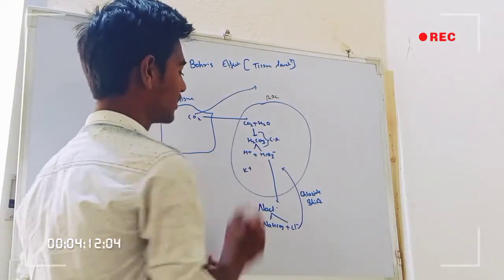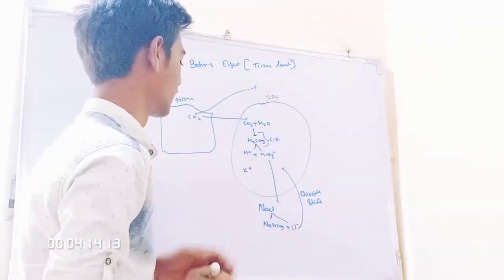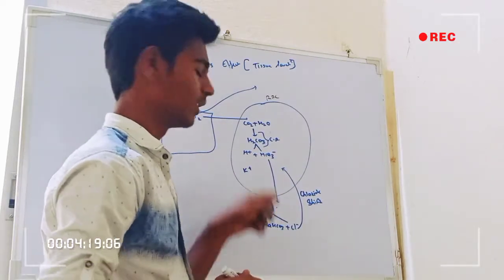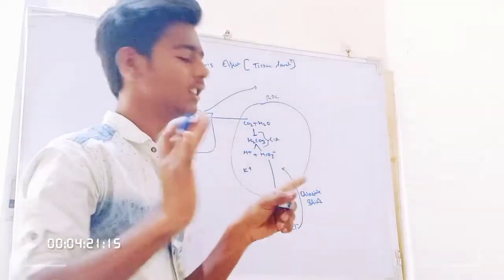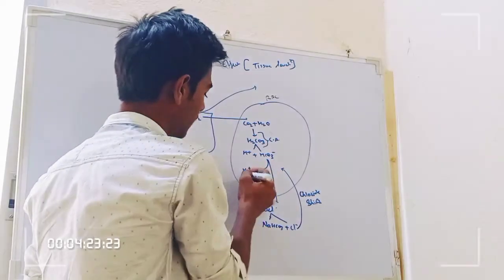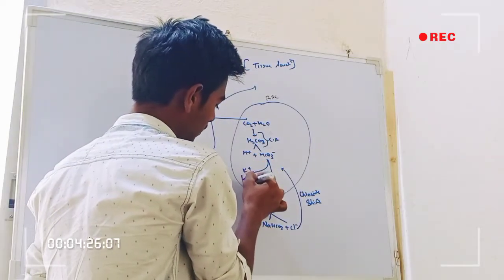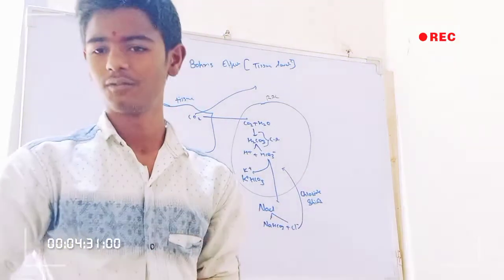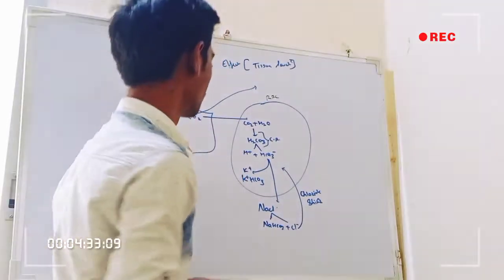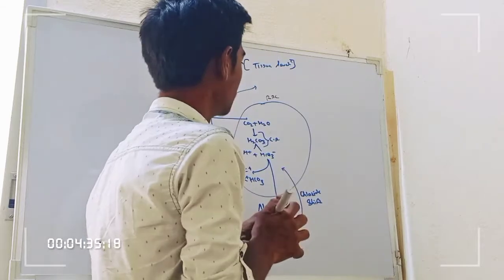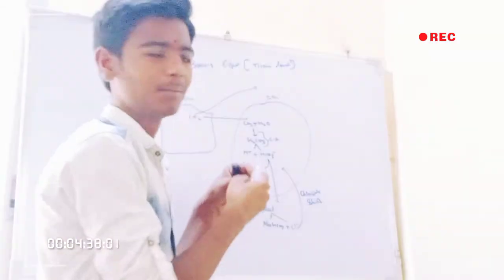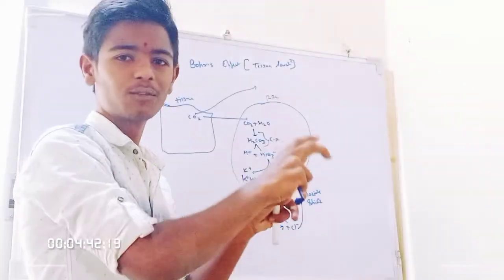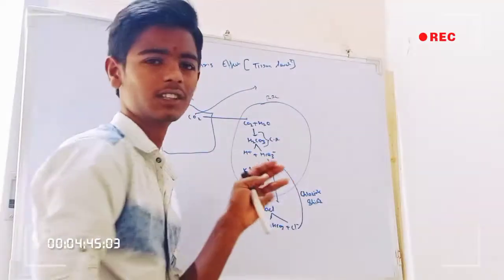But it is not possible that all the HCO3- goes outside. Some of it also reacts with the K+ and forms KHCO3. And the H+, which is formed in this process, goes toward the oxygenated blood, because it has come from the lungs to the tissue level.